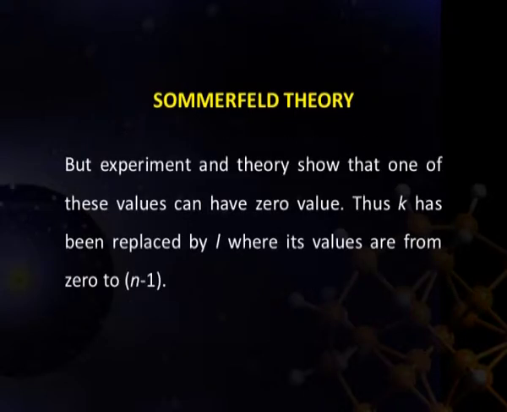But experiment and theory show that one of these values can have 0 value. Thus, k has been replaced by l, where its values are from 0 to n minus 1.